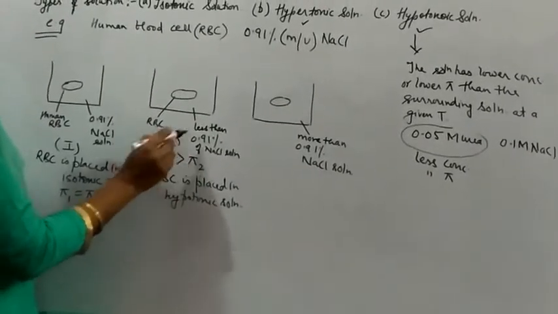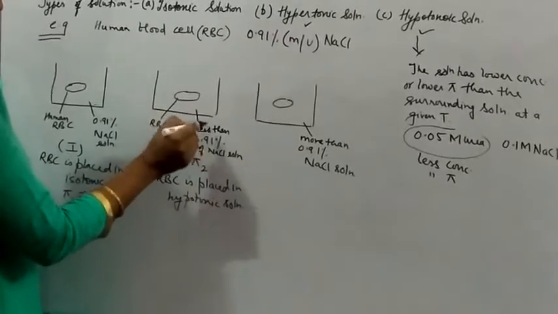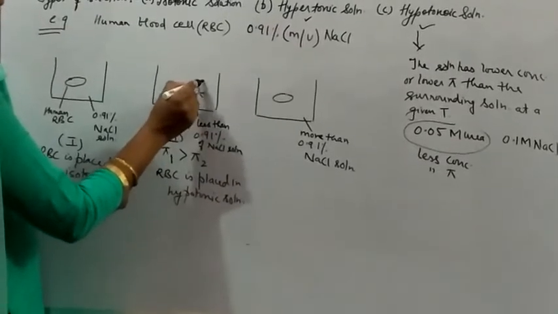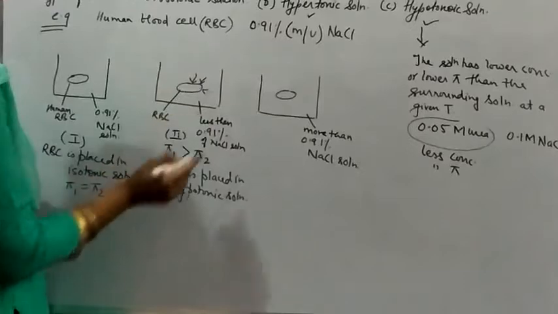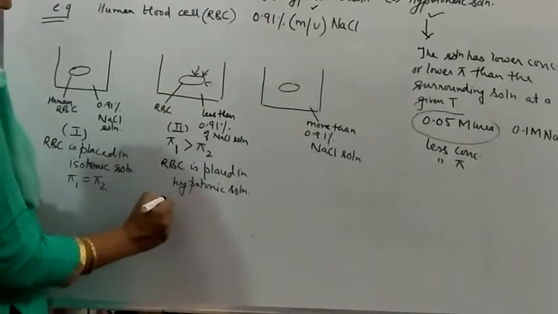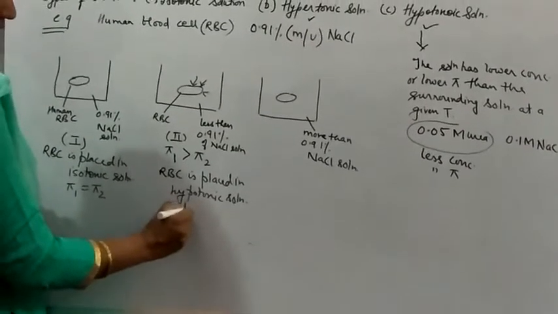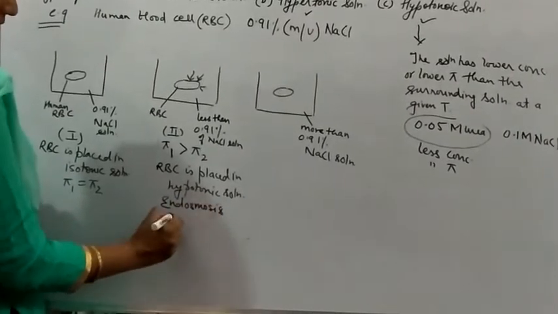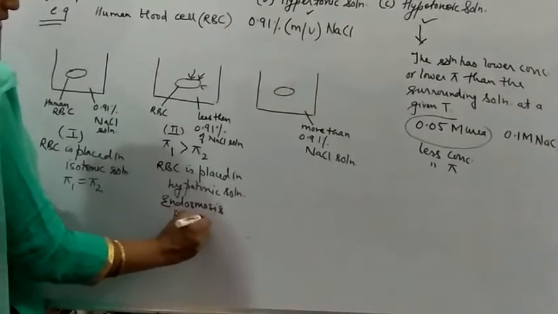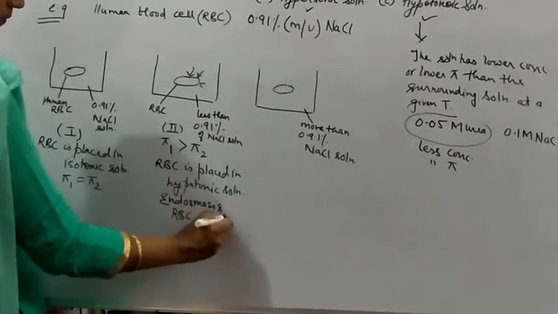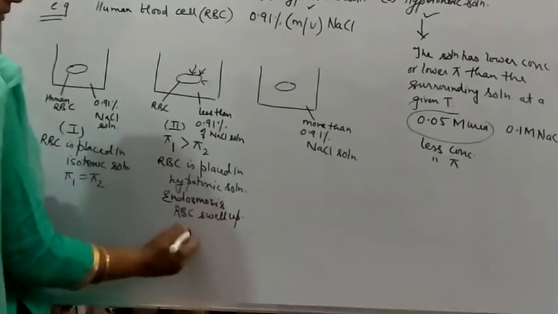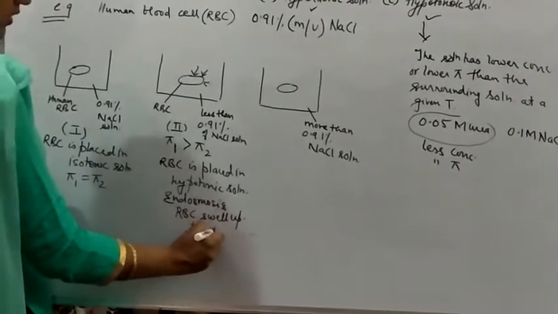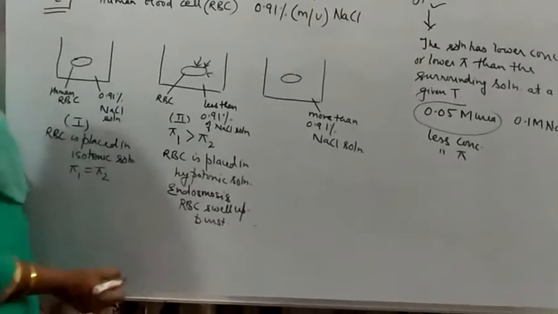Since the concentration is less outside, there will be flow of the solvent, that is endosmosis will take place, and the RBC is going to swell up, and it can burst also when excessive solvent goes into it.